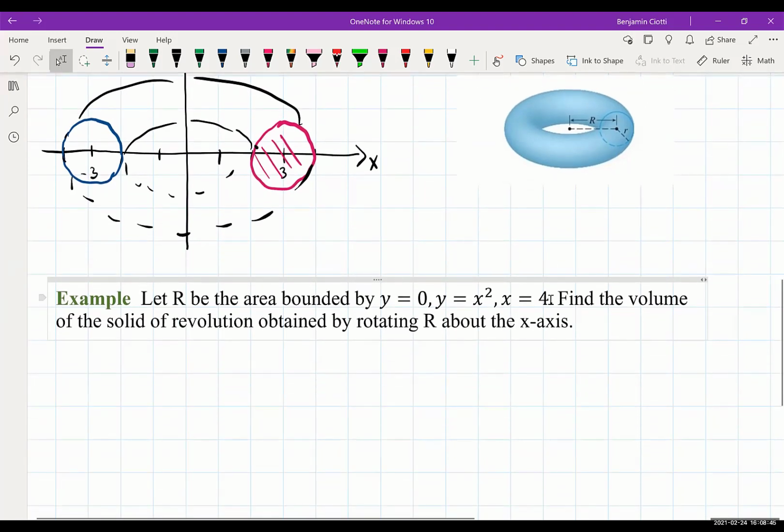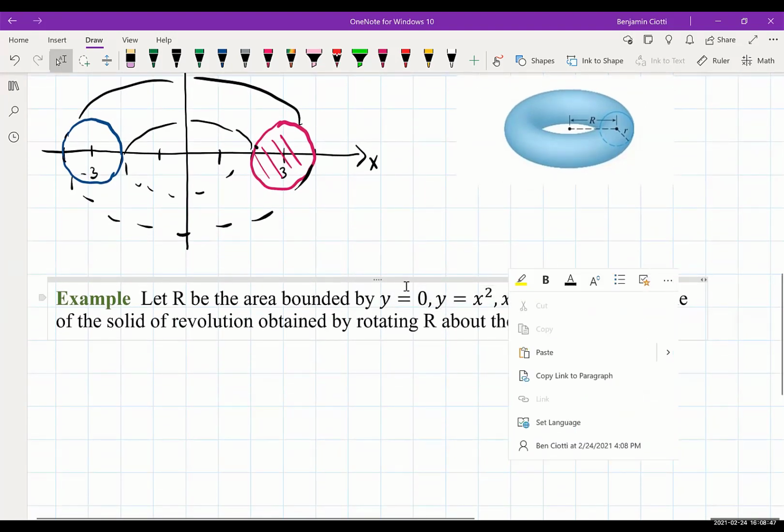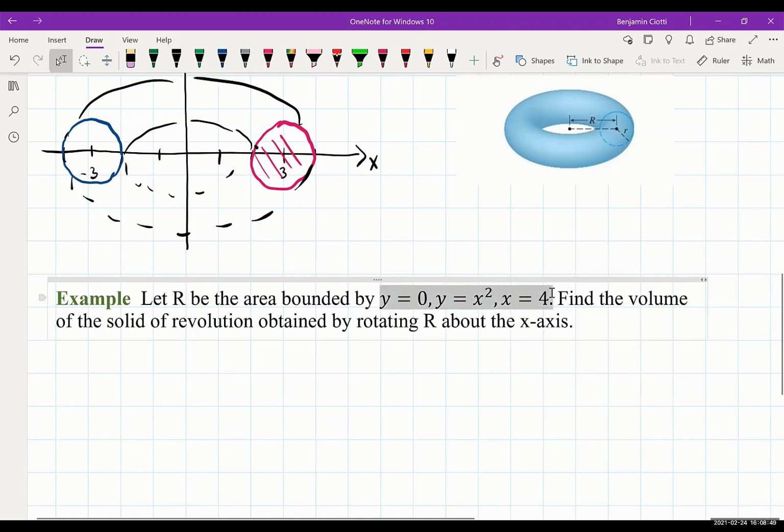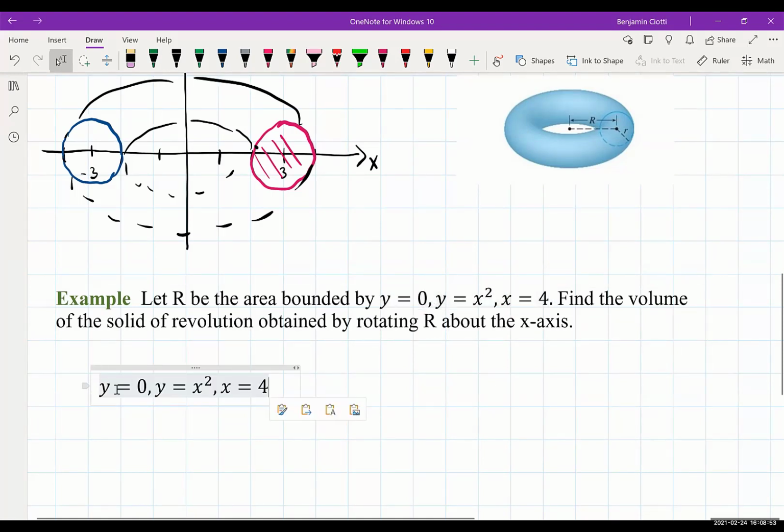So we're going to let R be the region bounded by these 3 curves. Let me graph the region R so we have an idea of what we're looking at.